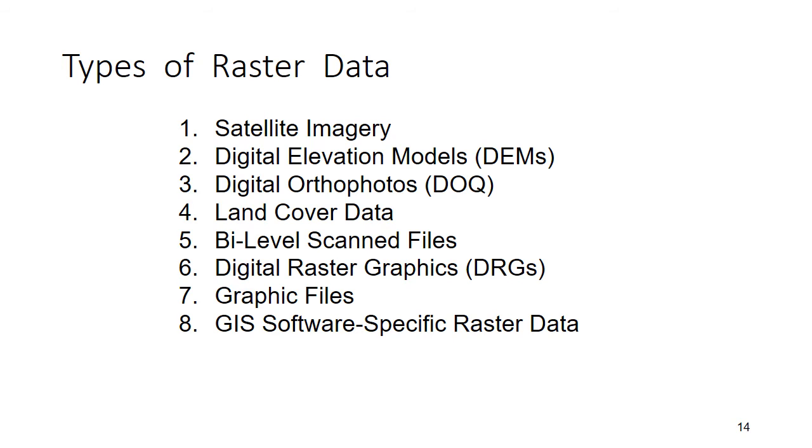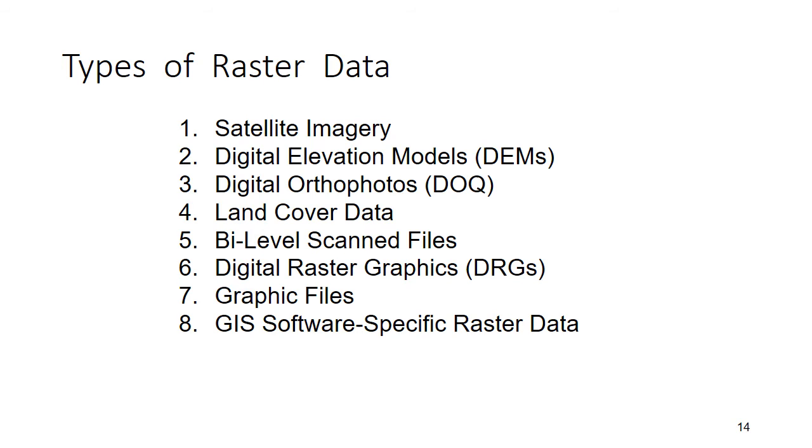Land cover data can be regular maps that have been scanned one way or the other, and we can get most of the features on top of the earth's surface. It is a forest, or a mining area, or a water body. Those can be shown on the land cover data.